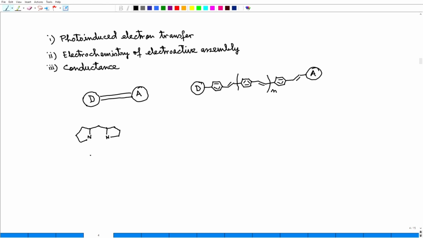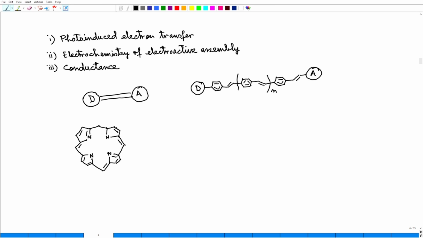Similarly, double bond, single bond, double bond, double bond, single bond, double bond, double bond, then single bond, double bond, double bond, double bond, double bond, single bond, double bond.